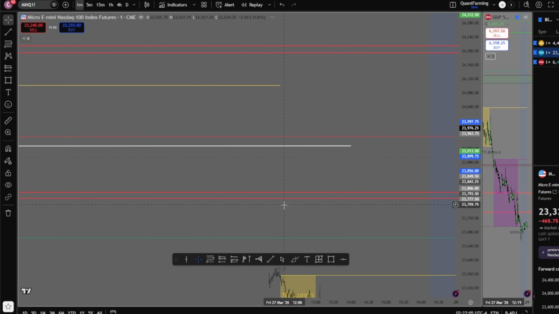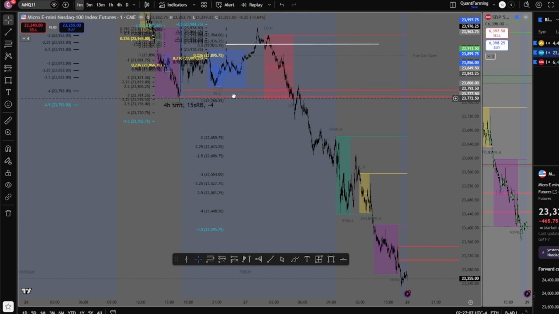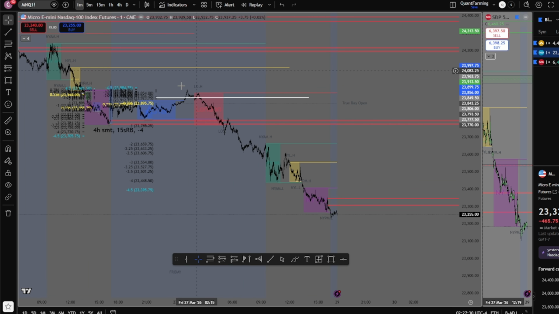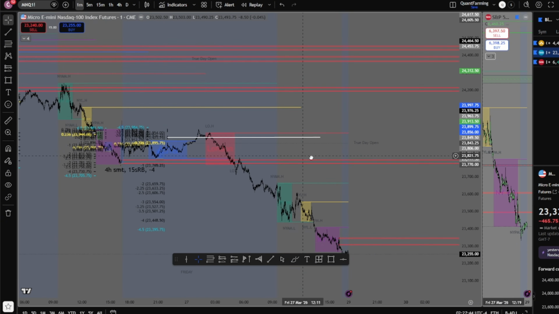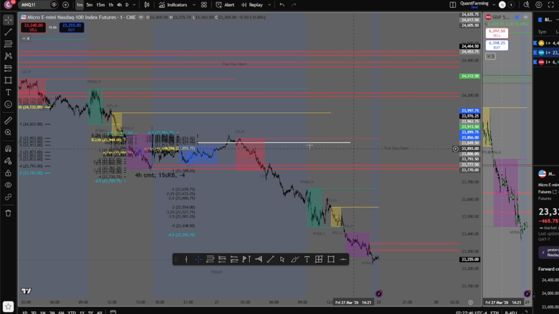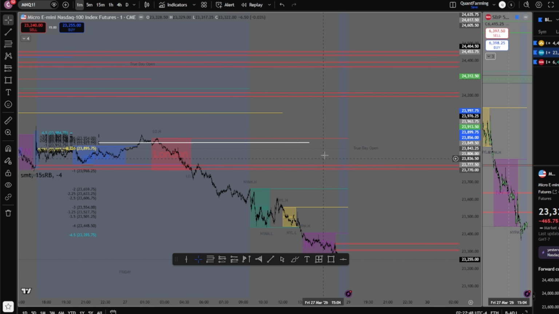So now that we've covered the higher time frame, now that we've covered the mechanical model itself, the 355 levels, how price moves, the higher time frames, auction market theories, everything like that, we have a couple more key things to go over. Now, true day open. What is this?